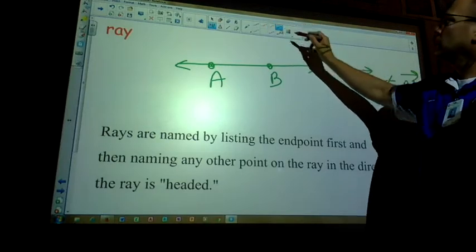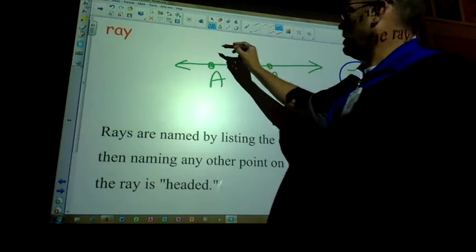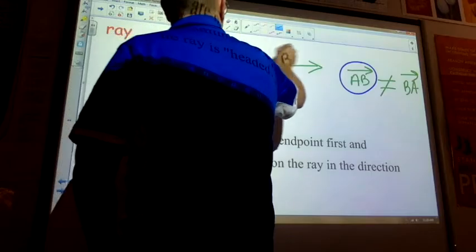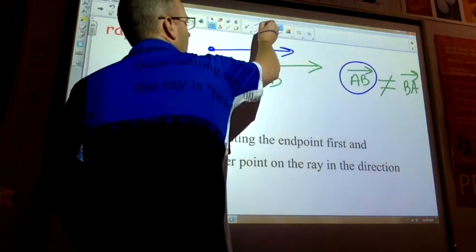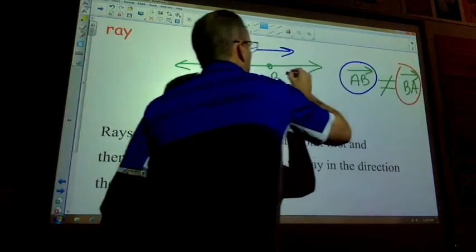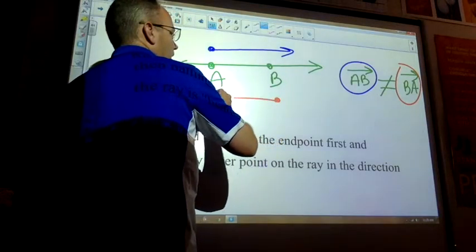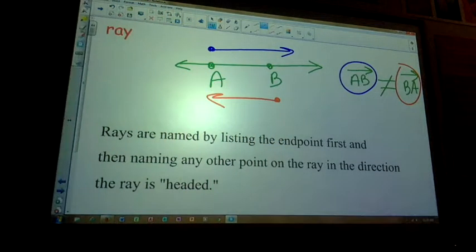Because this means going from here that way, and this means going from here and going that way. Okay, so when you name a ray, you have an arrow on top of your letters.